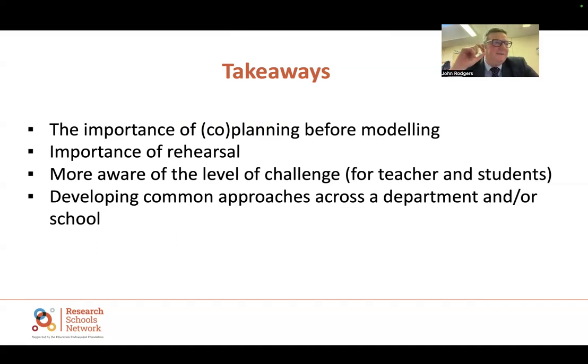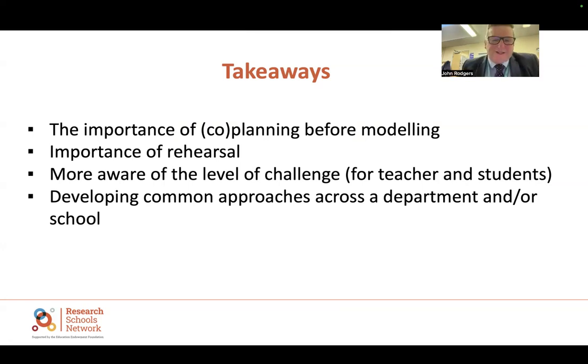One of the things that I'm really worried about, even for myself, is do I really understand the best way to write a science answer? Do all teachers really understand the complexity and the conventions of high quality written answers for their subject, whatever their subject is? And if not, it's really important for us to get together as colleagues to talk about that.